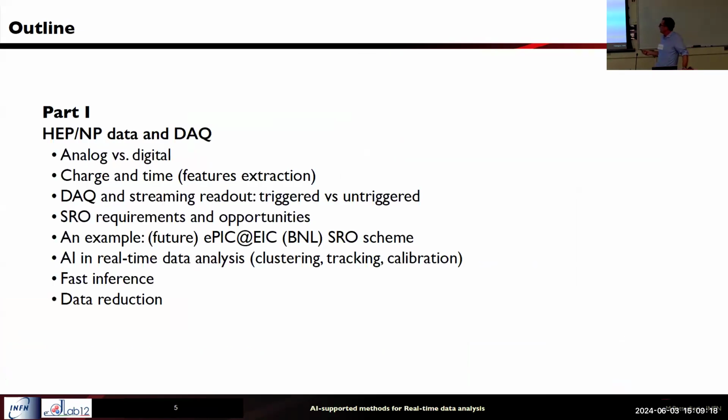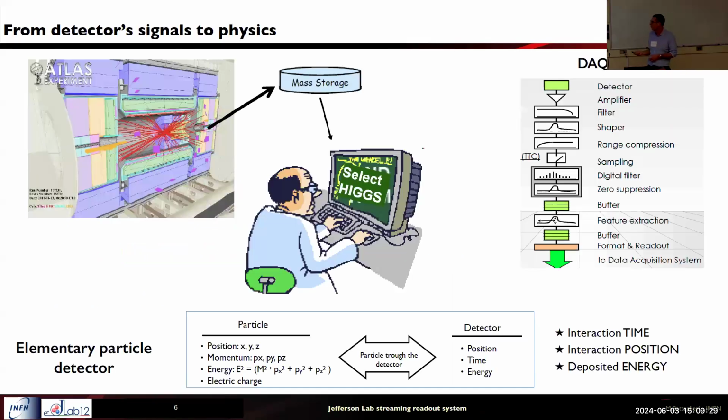Okay, so let's start with today's topic. AI will just be an overview of where we use AI, but let me start from the physics problem. We would like to push a button and say, discover the Higgs, and AI discovers the Higgs. Unfortunately, today it doesn't work this way. We have a long chain that connects the signals you get out of the detector to something you can look at.